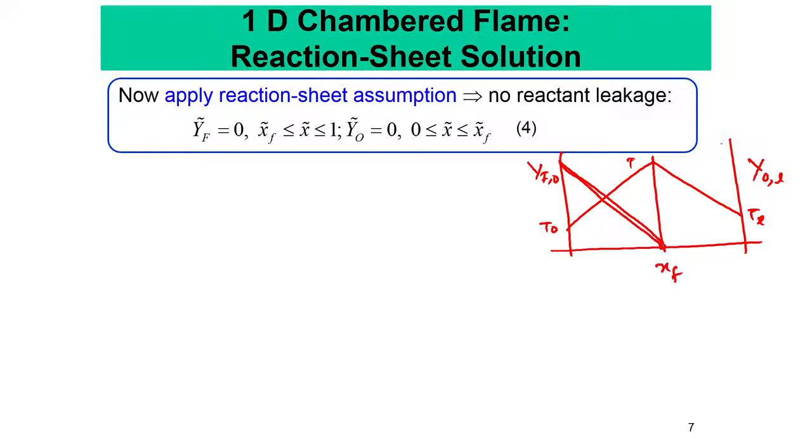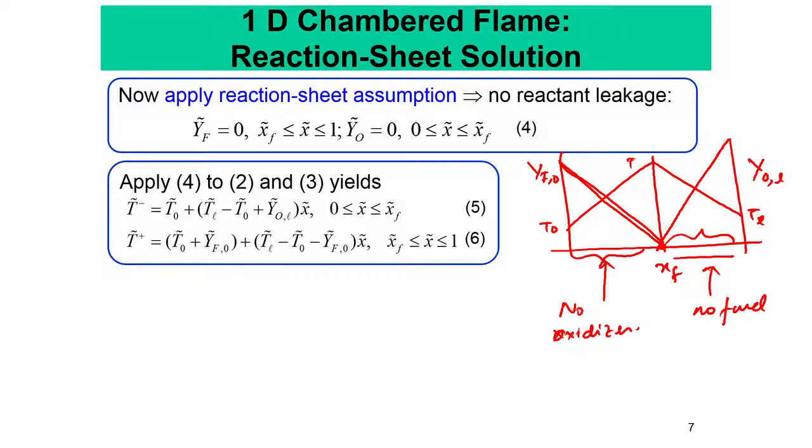Similarly, yo goes to 0 at the flame location. So in this region there is no fuel, and in this region there is no oxidizer. This is only possible when the reaction sheet assumption is incorporated.